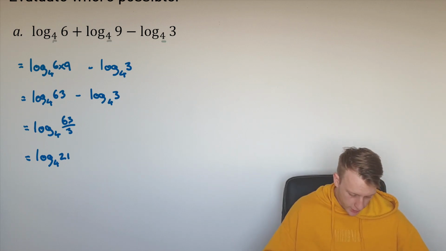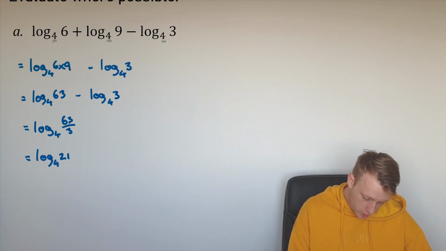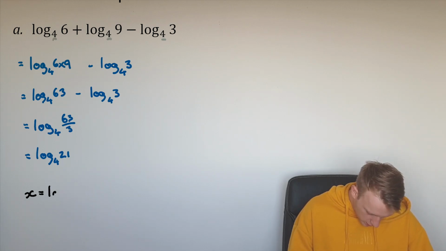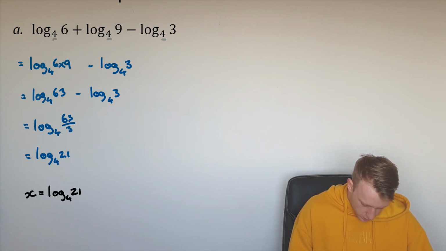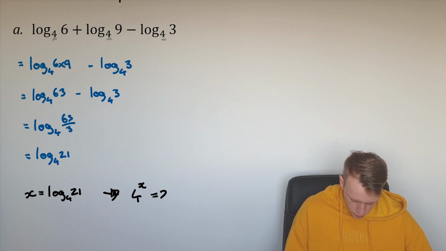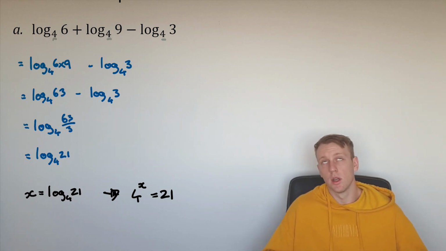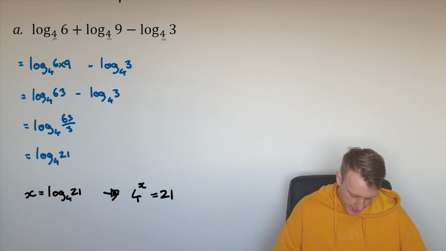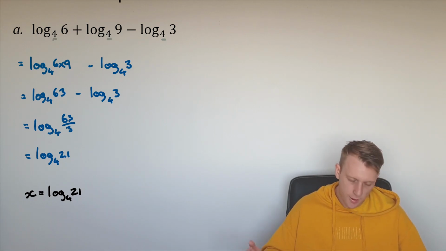It says evaluate where possible, so we make this deduction: x equals log base 4 of 21, and essentially the question is 4 to the power of what equals 21. There's no nice integer solution, so we are just going to leave it as an exact value.